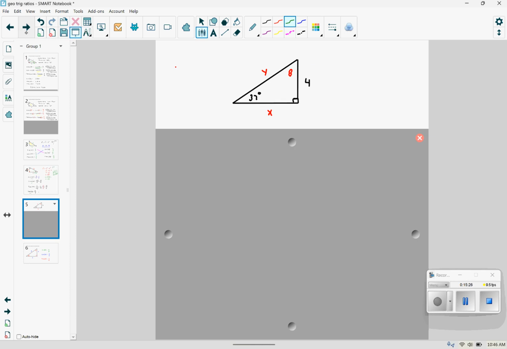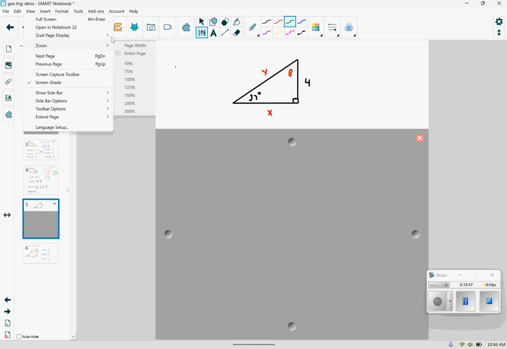So what we're going to do here, and this is actually a standard or a topic that they want you to be able to do for this M137, is to solve a right triangle.